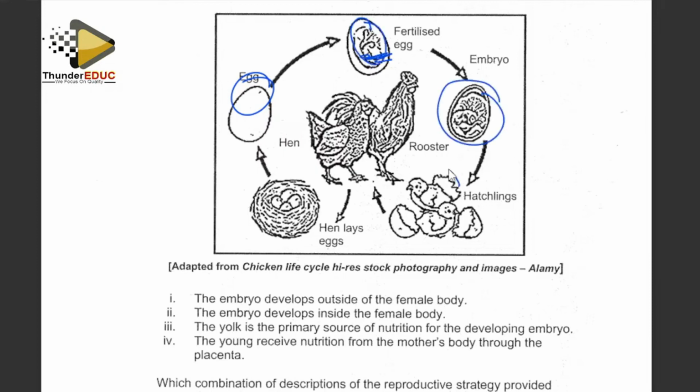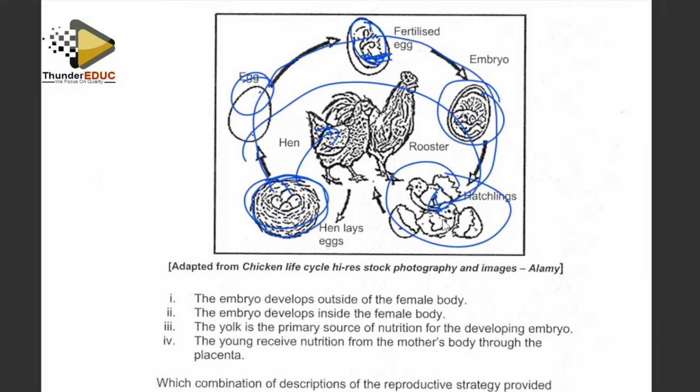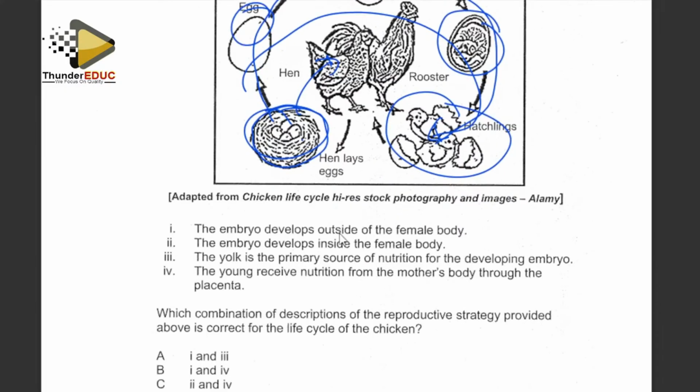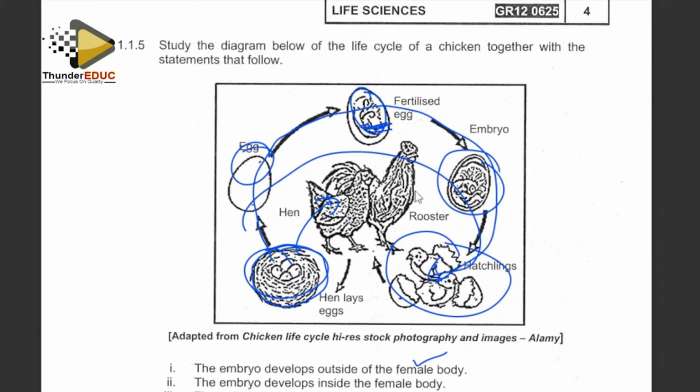Now the baby comes out, and you see that the eggs are being hatched. So there is no fertilization taking place, meaning that the fertilization was internal but the development is outside the mother's body. All right, we start. The embryo develops outside the mother's body, correct? And they're saying that the embryo develops inside the mother's body. No, we see that the embryo is developing inside the egg. So this one is wrong.